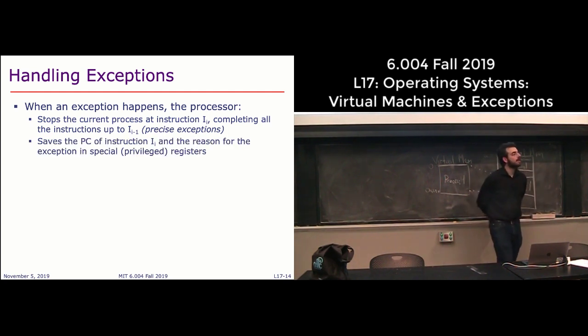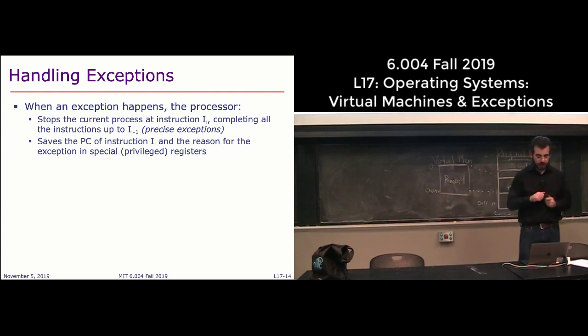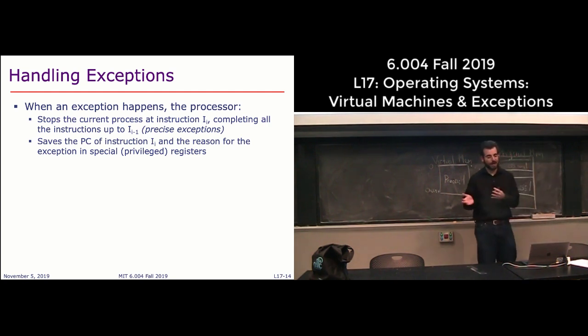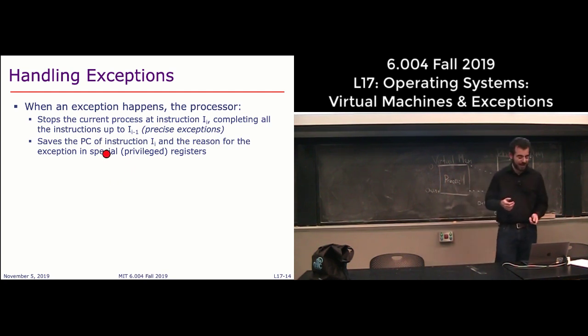Then we need to implement this control transfer, right? Because we're transferring control, just like with jump and link, you need the link part. You need to figure out where you were. You need to tell the operating system, I had an interrupt or an exception on this particular PC. So you need to save the PC in a special register.